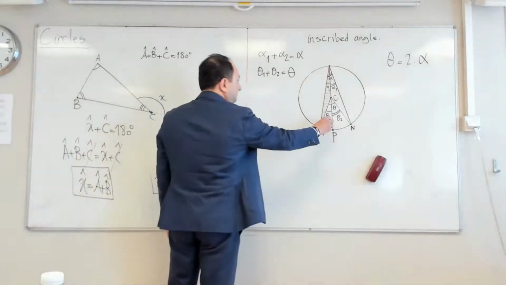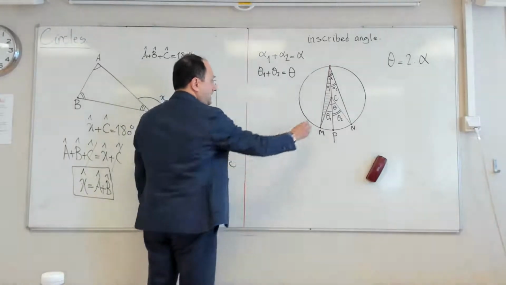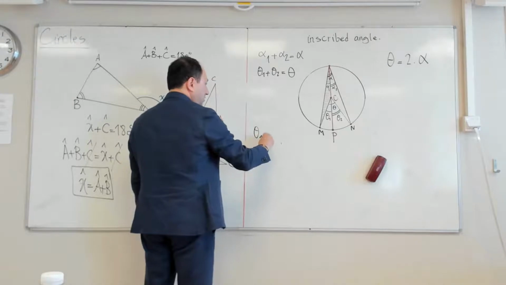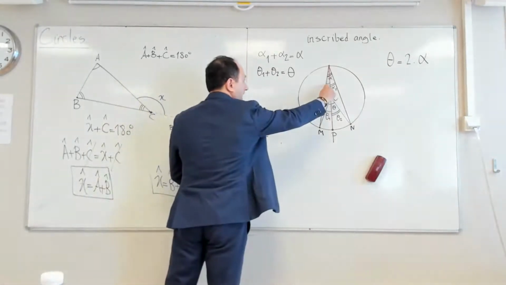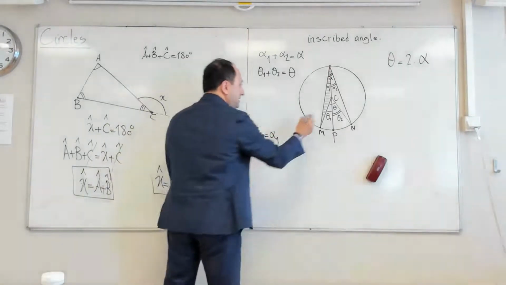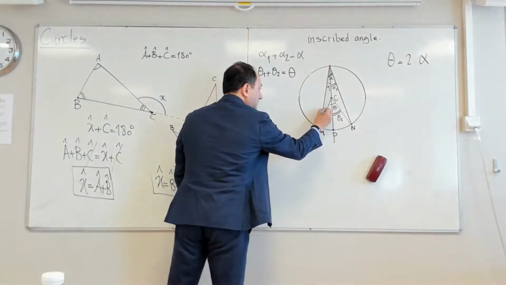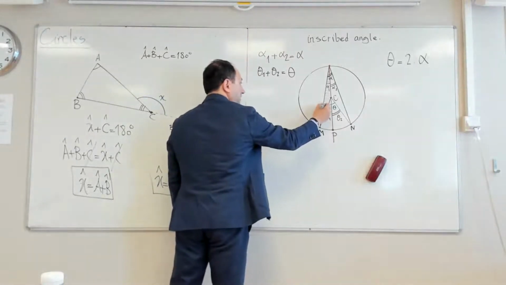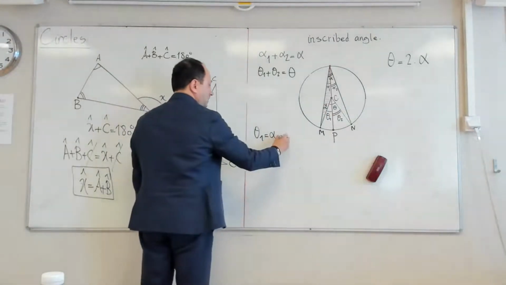So then what can I write? You can write theta 1 is equal to this angle, which is alpha 1, plus this narrow angle. Okay, so let me give it a name y. So this becomes plus y.